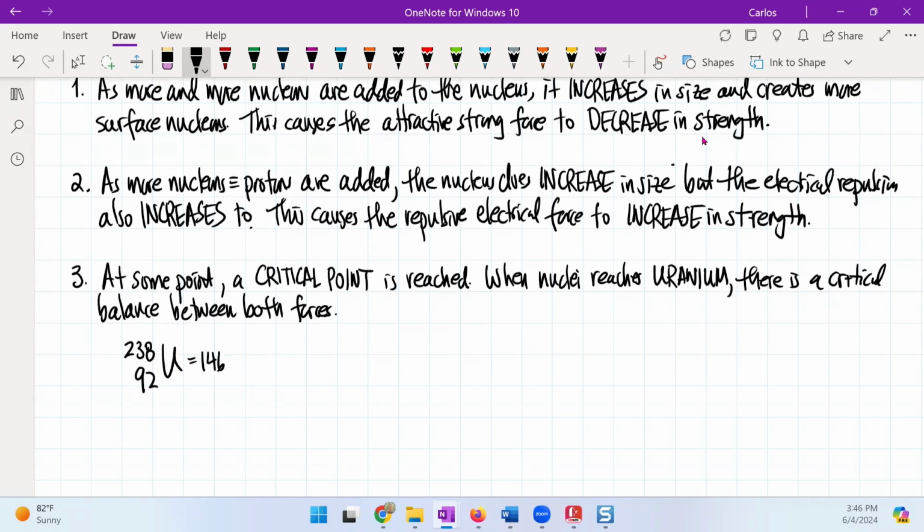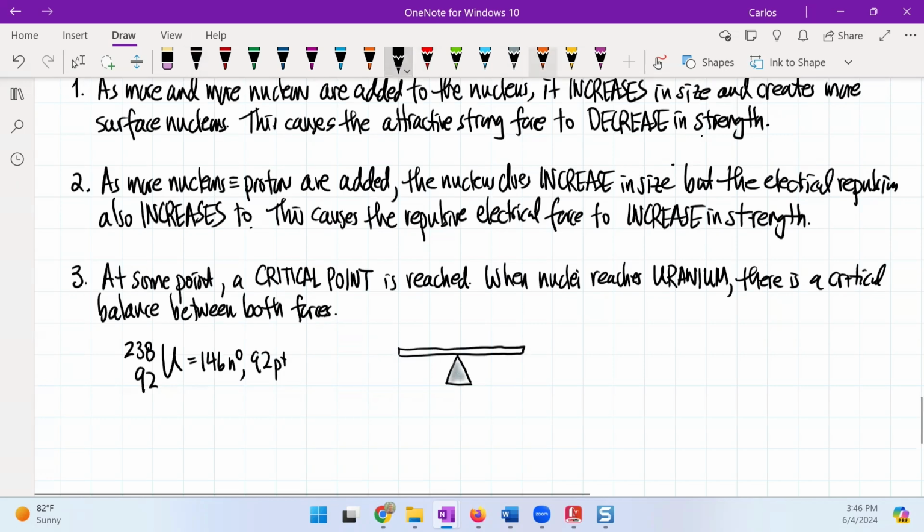This has 146 neutrons and 92 protons. When I'm talking about a balance here, I imagine a fulcrum right here. Over here, I have the strong force, and on the right side, I have the electric force.